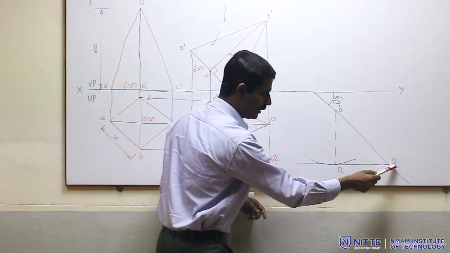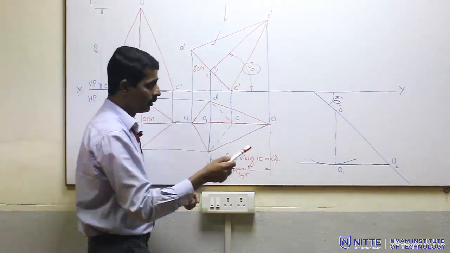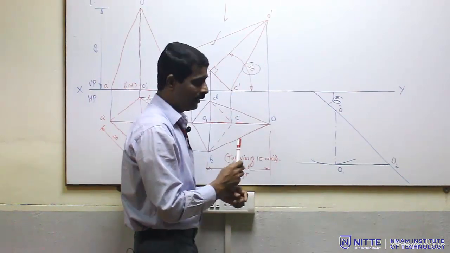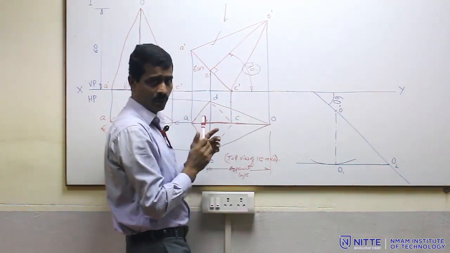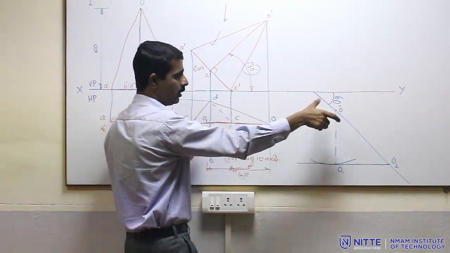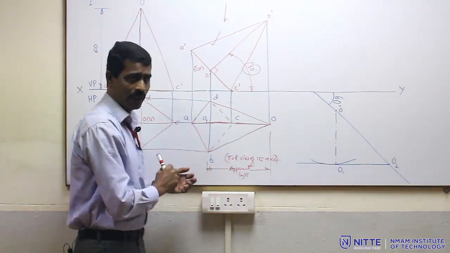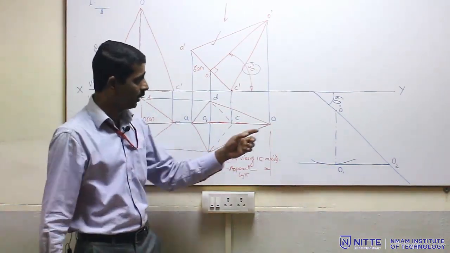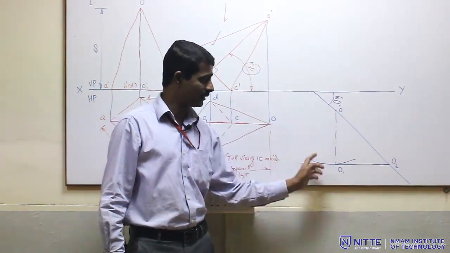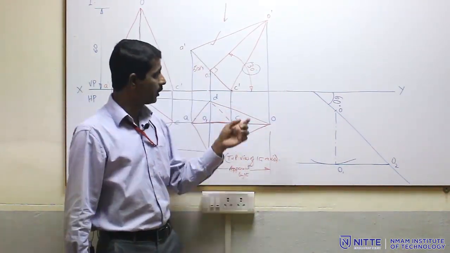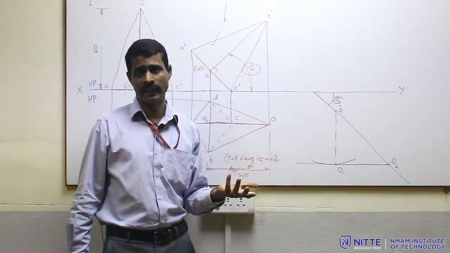I have purposely taken this as O2, which is the true length. Then draw the locus line, and this particular length, which is 60 cos 30, measure in the compass and cut it here. If you are solving the problem in Solid Edge, dimension this value and cut an arc with center point from O to this. But in this particular problem, this construction is actually not required, because whenever theta plus phi is 90 degree, beta is also 90.